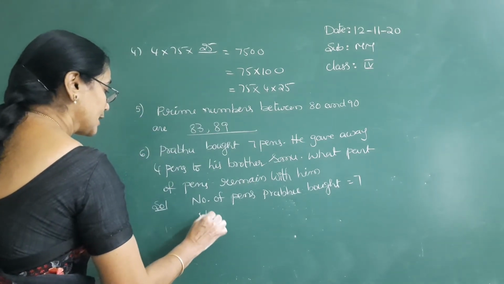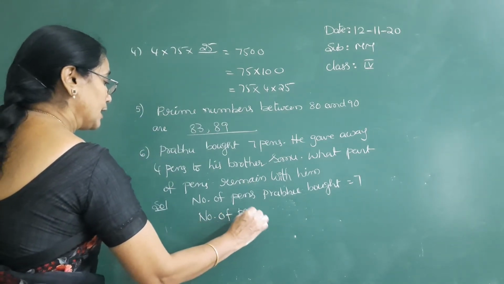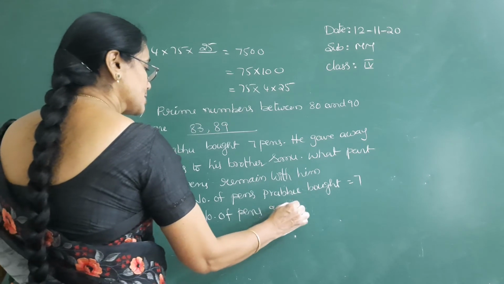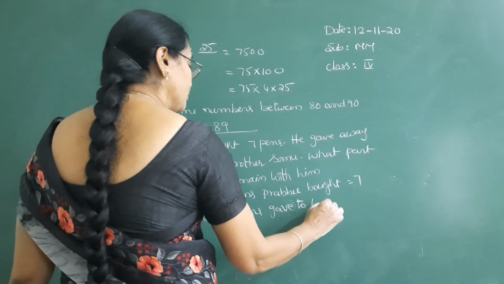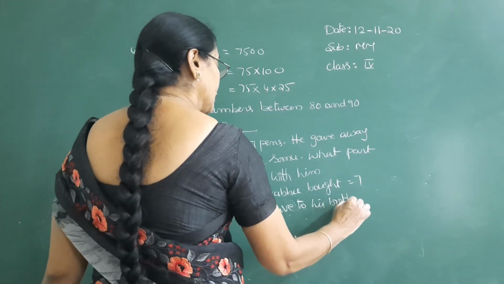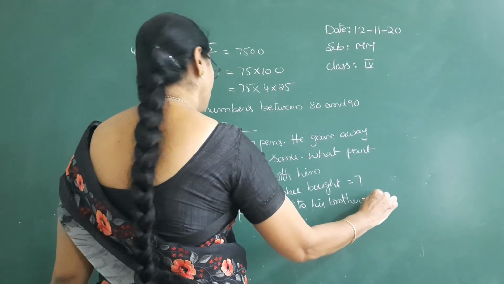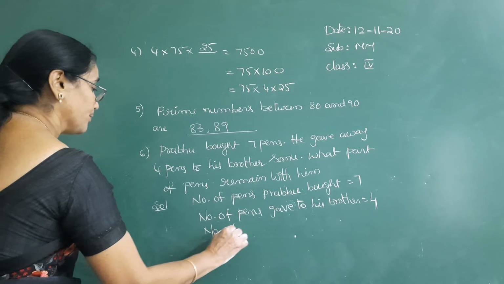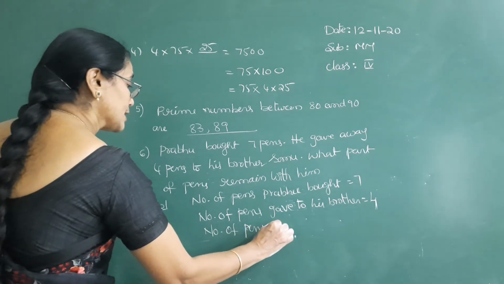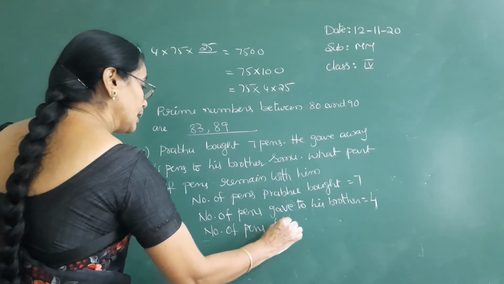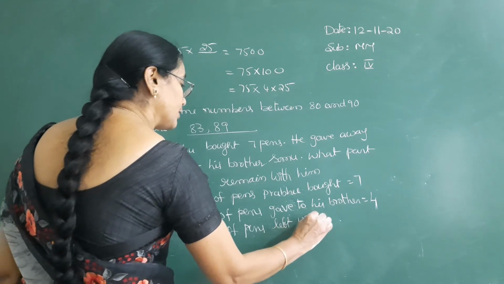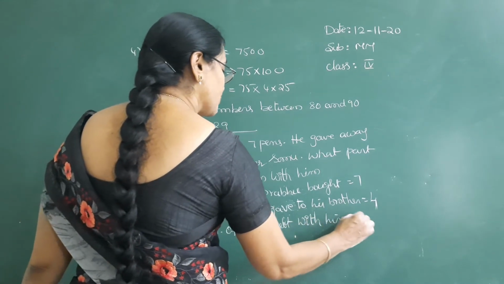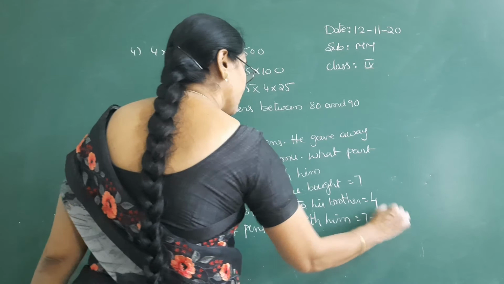Number of pens given to his brother is 4 pens. So the number of pens left with him is 7 minus 4, that is equal to 3.